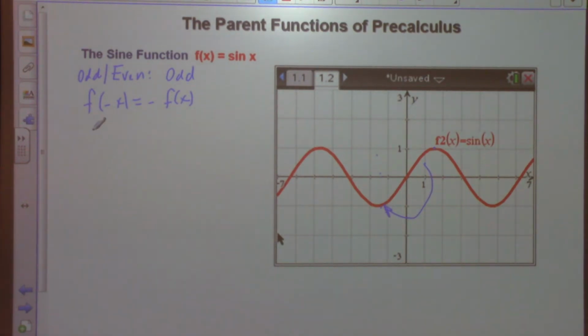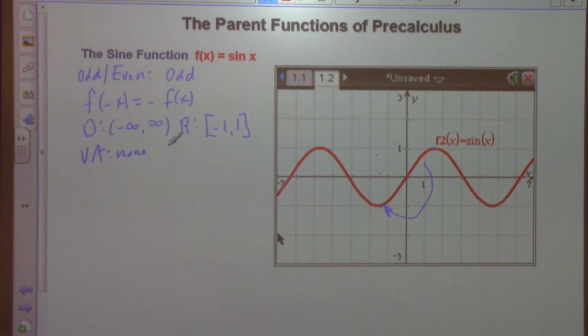Okay, what is its domain? All real numbers. What is its range? Negative 1 to 1 is how we say it there, right? Do we have a vertical asymptote? None.